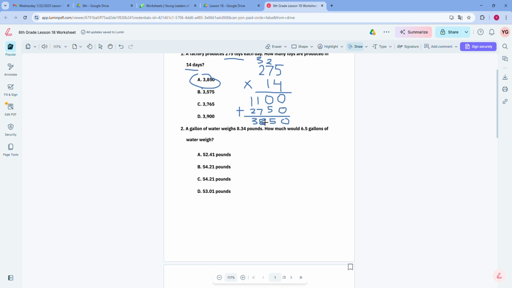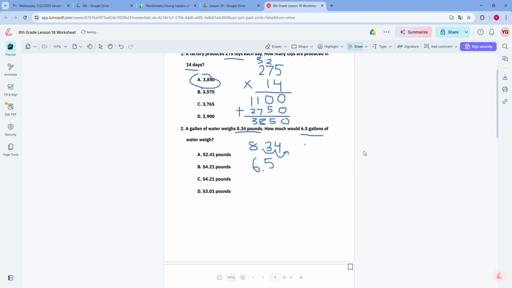Now, number 2 says a gallon of water weighs 8.34 pounds. How much would 6.5 gallons of water weigh? So for multiplying decimals, I just like to ignore the decimal at first. So here, to get rid of the decimal on 8.34, you want to move it 2 places.